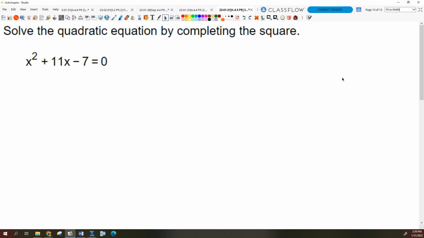Wait, we don't need to calculate. No calculators. You gotta use mental math. What'd you get? Okay, but you got to simplify the square root. 11 squared is 121. 2 or 4, right? 11 squared? Yeah. 121. 121 divided by 4 is 121 fourths.